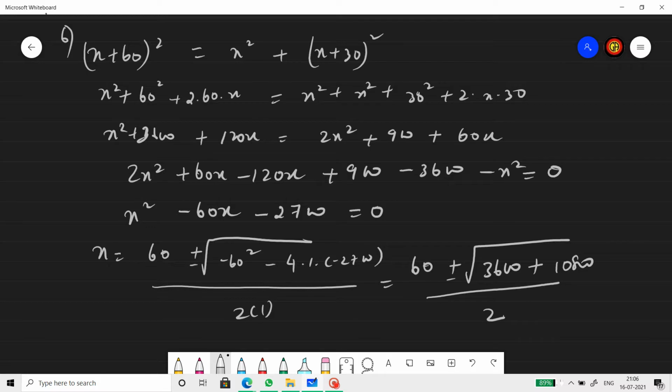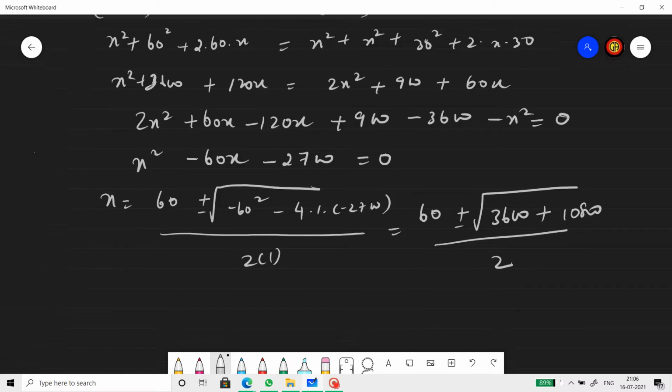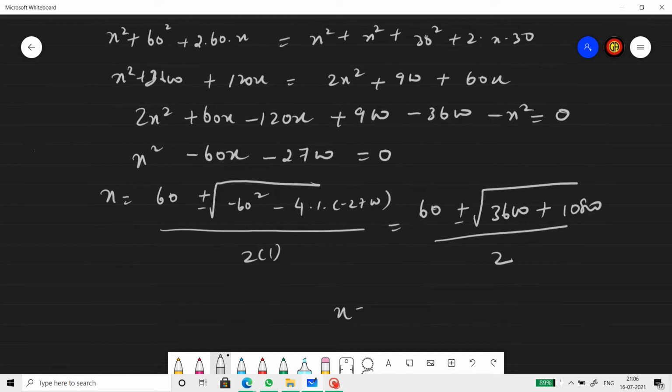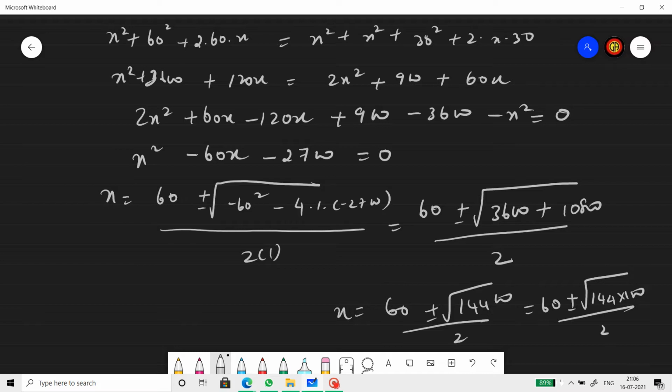And if I add 3600 with that, I get 14,400. So x is equal to 60 plus or minus root 14,400 by 2. Well, 60 plus or minus root over 144 into 100 by 2.